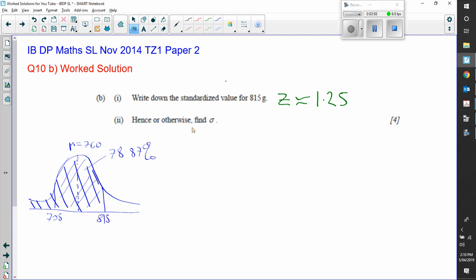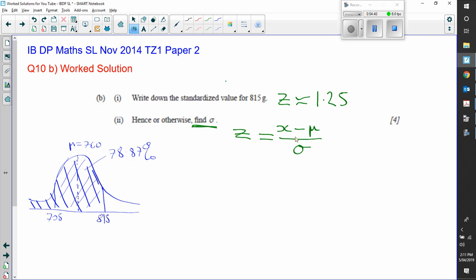Hence, or otherwise, find sigma, or the standard deviation. Now we have to do some working, and this is where you might want to consult your formula booklet. If you open it to the 5th page, at the bottom you can see the standardised normal variable, and it tells us that Z is equal to our position minus the mean, over our standard deviation.